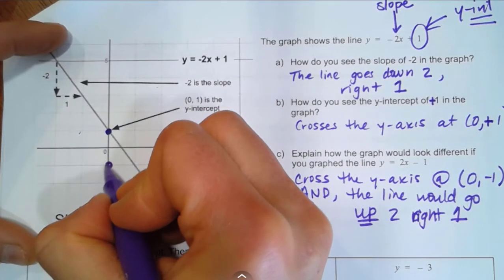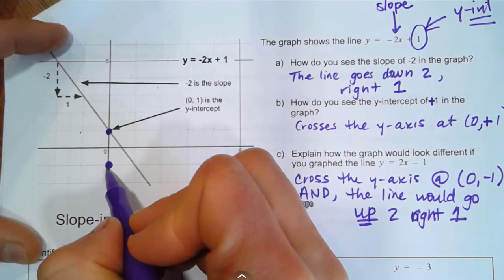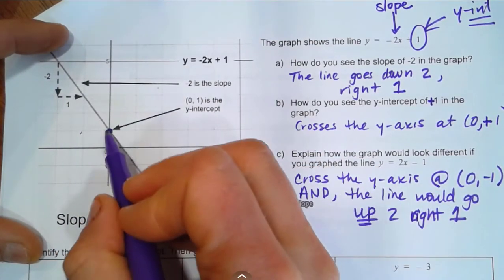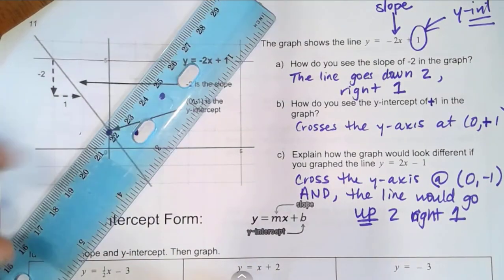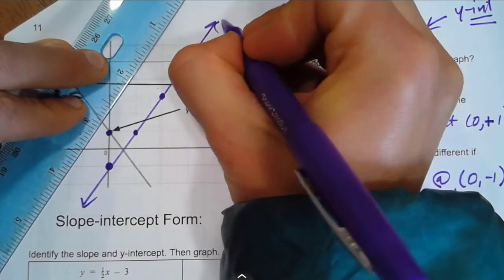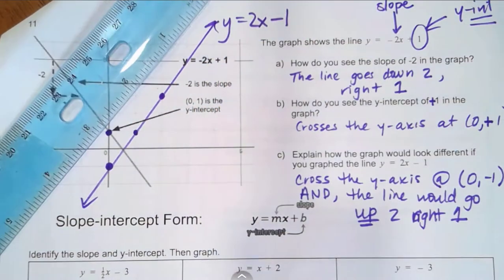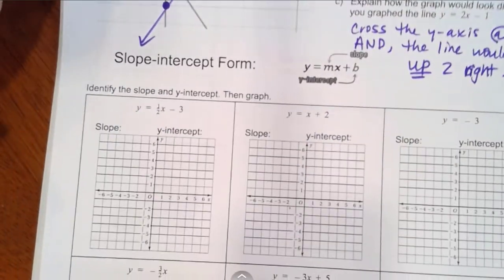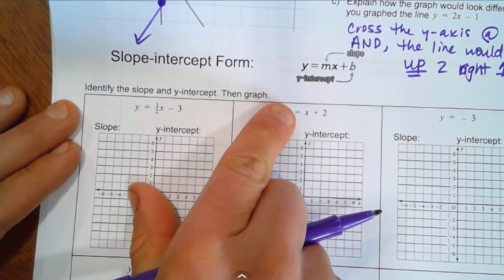The y-intercept would be here at (0, -1), and instead of going down and over, we would go up and over. So up 2 over 1, up 2 over 1. So this is the graph of y equals 2x minus 1.